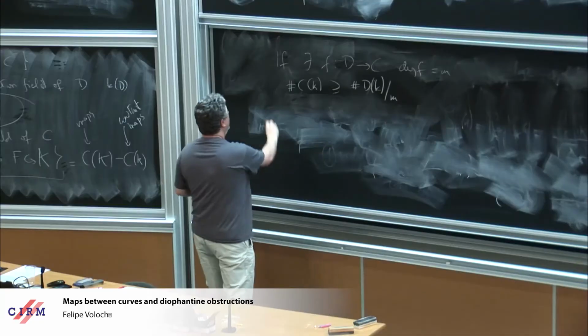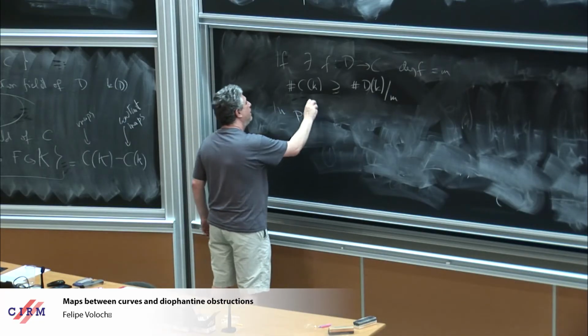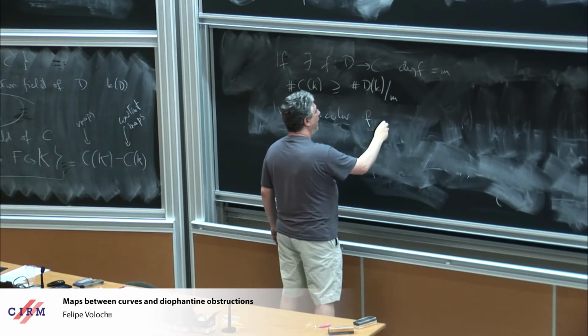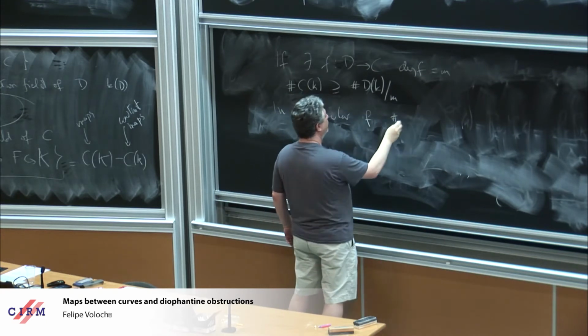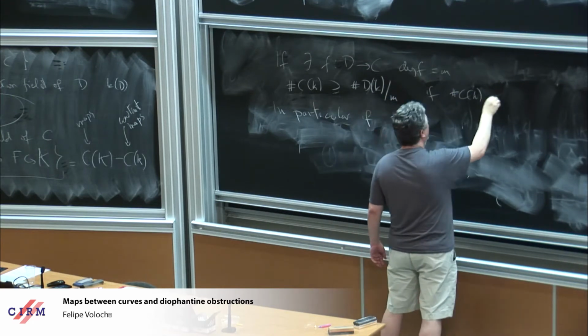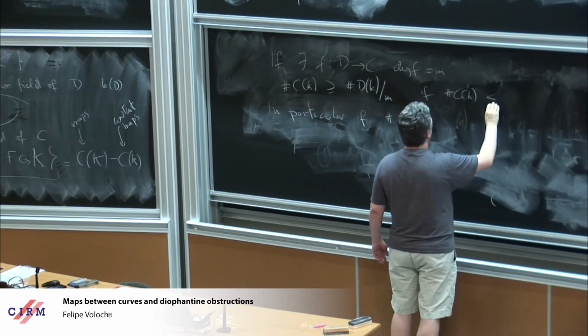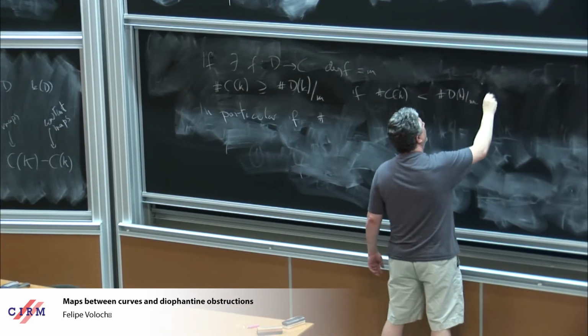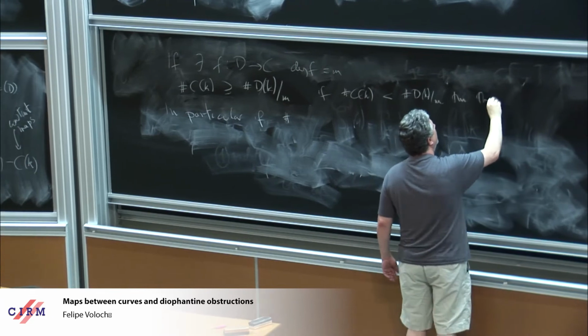In particular, if the cardinality of C(k) is less than the cardinality of D(k) over m, then there is no map.